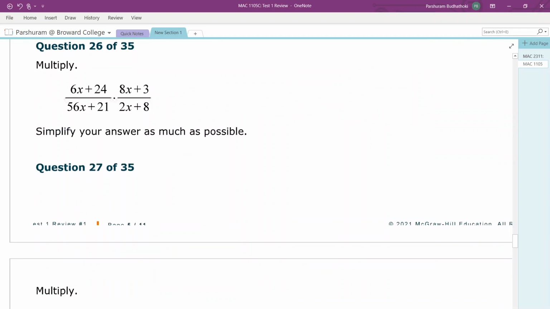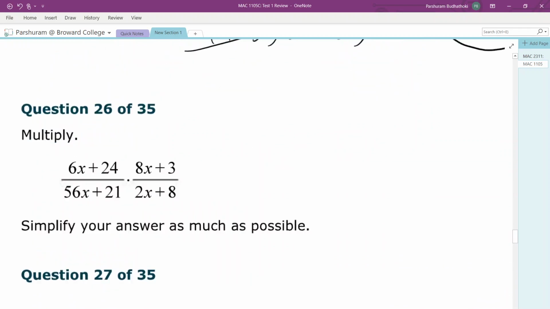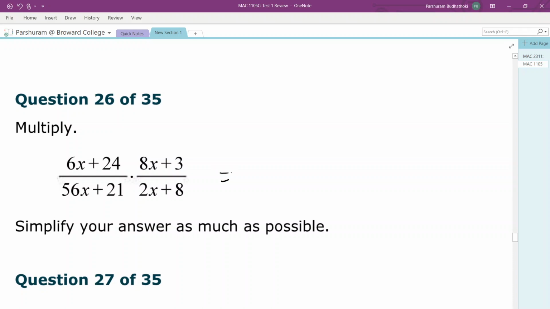So for problem 26, we need to multiply the two rational expressions. For that, we're going to find the factors of each of them on the top and bottom. Here we can see on the top there is the common factor 6, so 6 times x plus 4.